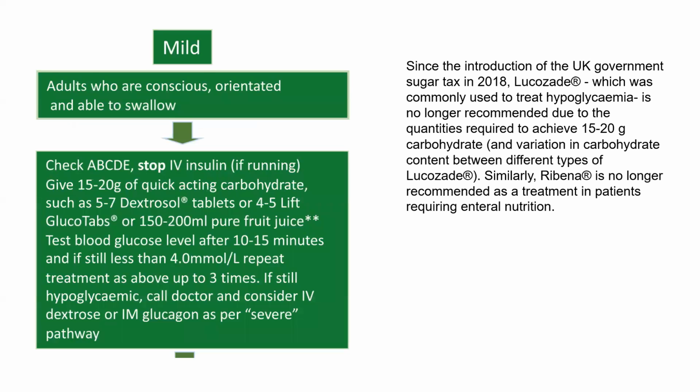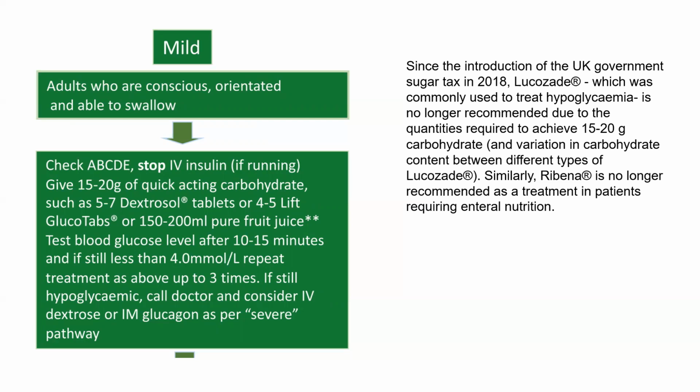So this is the mild hypoglycemia pathway: adults conscious, oriented, able to swallow. Always check ABCDE. Stop IV insulin infusion if running. Give 15 to 20 grams of quick-acting carbohydrates such as 5 to 7 Dextrosol tablets or 4 to 5 Lift GlucoTabs or 150 to 200 ml of pure fruit juice, which was the answer in the question.